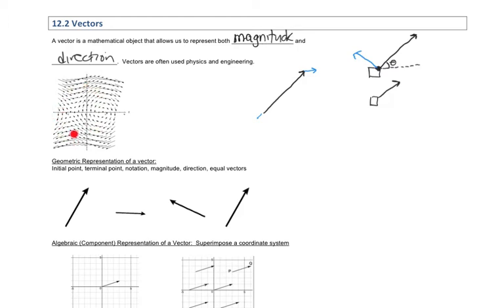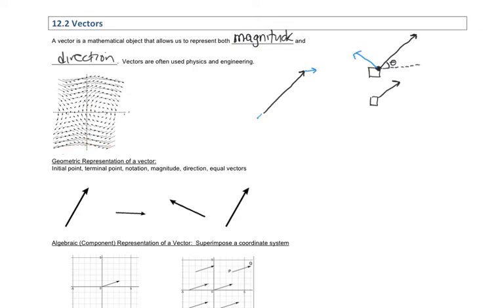Sometimes you'll see something like this before. If you just look at this and think about what it looks like, it looks to me like it's representing some wind patterns or some water flow patterns, some current patterns. And without even really knowing what vectors are, it would look to me like these arrows are longer than these in here.